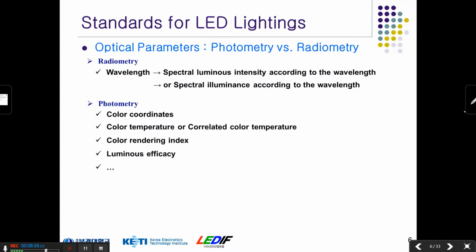As a parameter of radiometry, there is wavelength, there is spectral luminous intensity according to the wavelengths, or spectral illuminance according to the wavelengths. Other parameters of photometry are color coordinates, color temperature or correlated color temperature, color rendering index, and luminous efficacy.